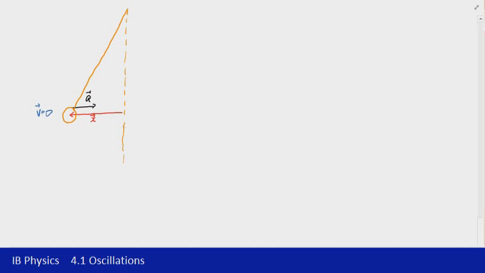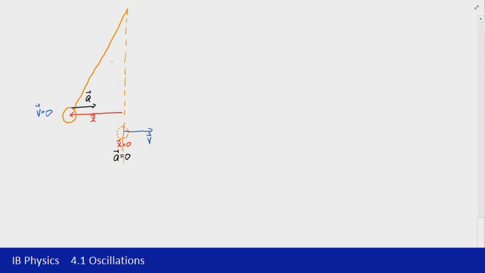If we consider what happens when the pendulum is swinging through the equilibrium position, we know there that the displacement is going to be equal to 0, so we can jot down displacement is equal to 0. And likewise, because the acceleration is proportional to the displacement, the acceleration will also be 0. Now the velocity here is going to be at its maximum, so as it swings through that point we're going to see the velocity being greater than 0.